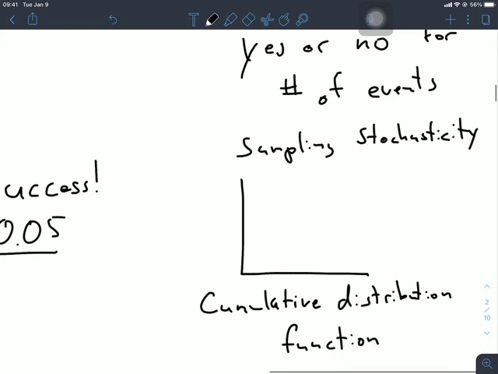Whereas the binomial probability mass function does look like your typical bell curve, the cumulative distribution function here, which is oftentimes associated with our binomial sampling, will approach an asymptote, or approach 100%, as you get more and more trials.